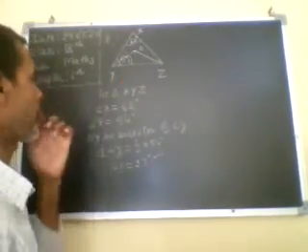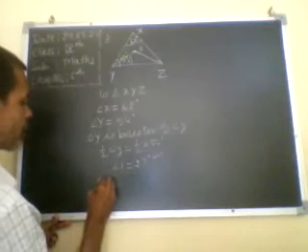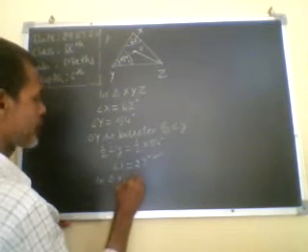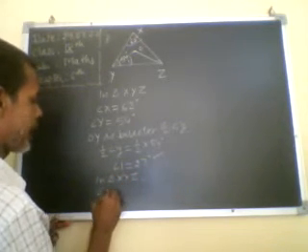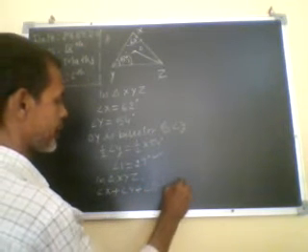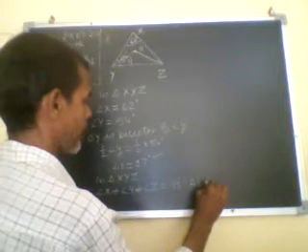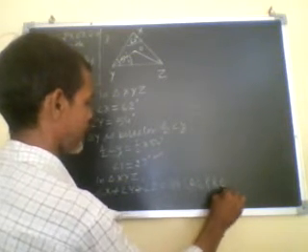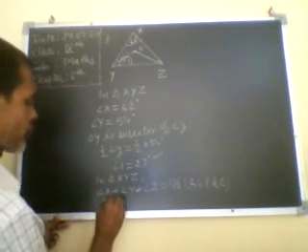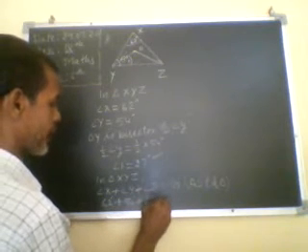Okay. Now in triangle XYZ, angle X plus angle Y plus angle Z is 180 degrees. The angle sum property of a triangle. X is given as 62, Y is given as 54, Z is not given.